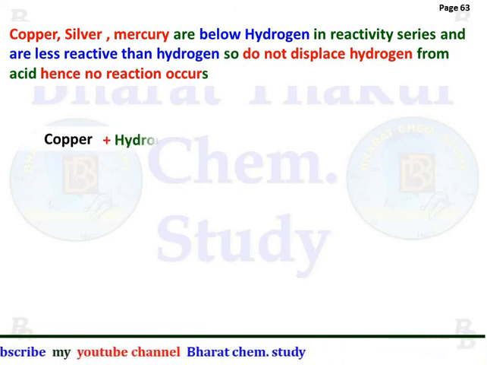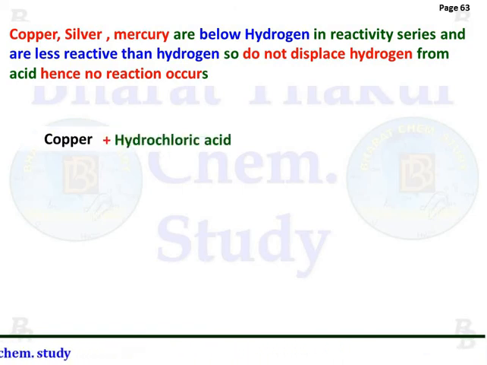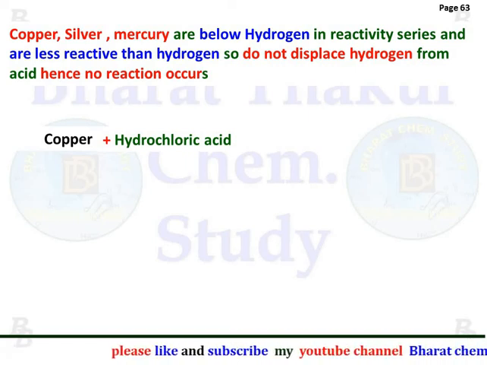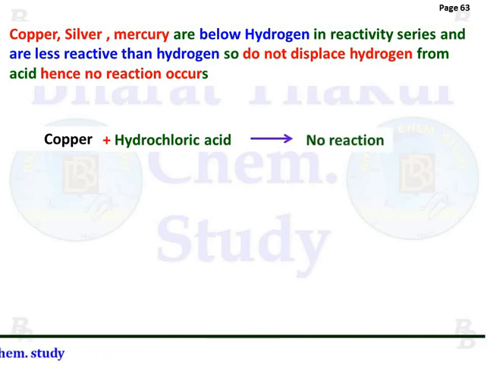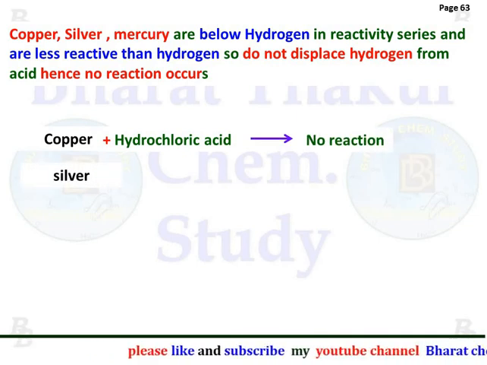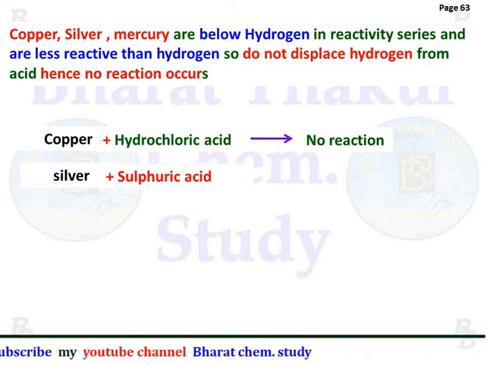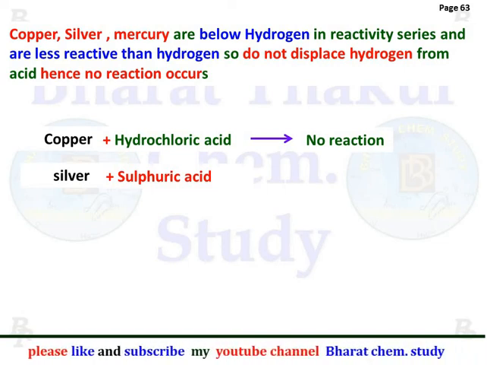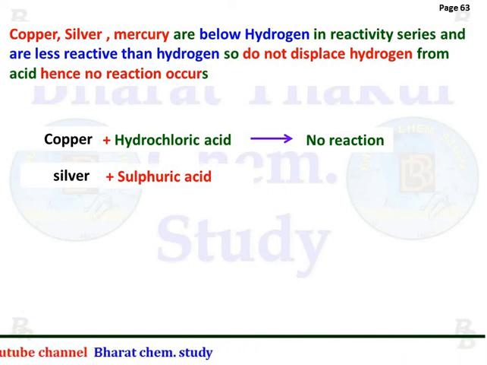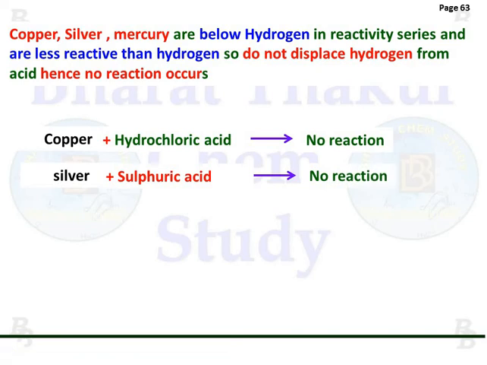So if we add dilute HCl to copper, because copper is less reactive than hydrogen, it will not be able to produce hydrogen gas from HCl. That's why no reaction takes place. In a similar way, if we add silver to sulfuric acid, silver is less reactive than hydrogen, so it will not be able to produce hydrogen from sulfuric acid or HCl, hence no reaction will take place.